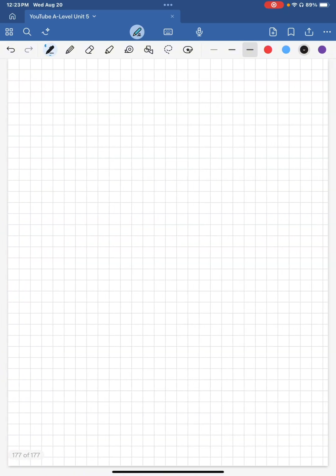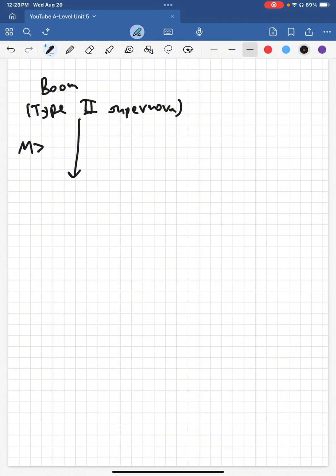So after the red supergiant phase, we have a boom. Okay, it explodes into a type 2 supernova. Okay, so then it can only go into 2 stages. So if the mass of the remaining core is larger than 3 times the mass of the sun, it becomes a black hole after the supernova.